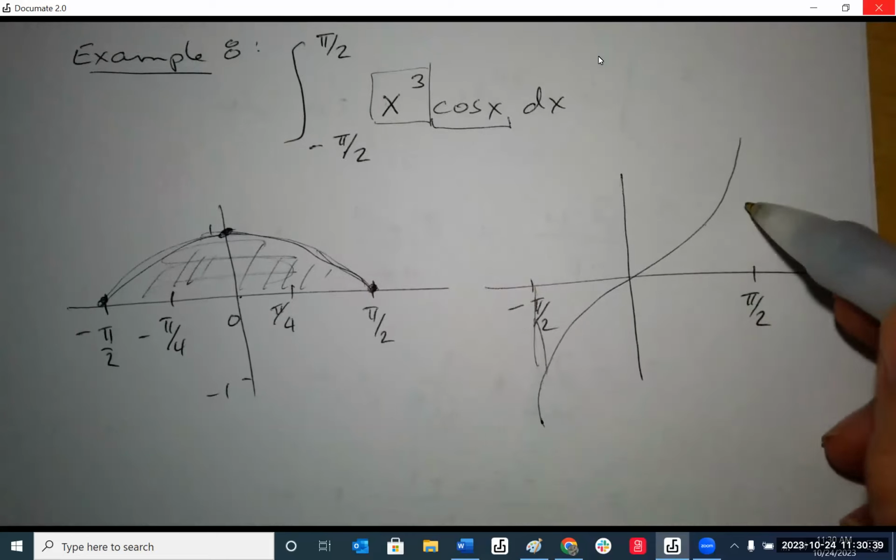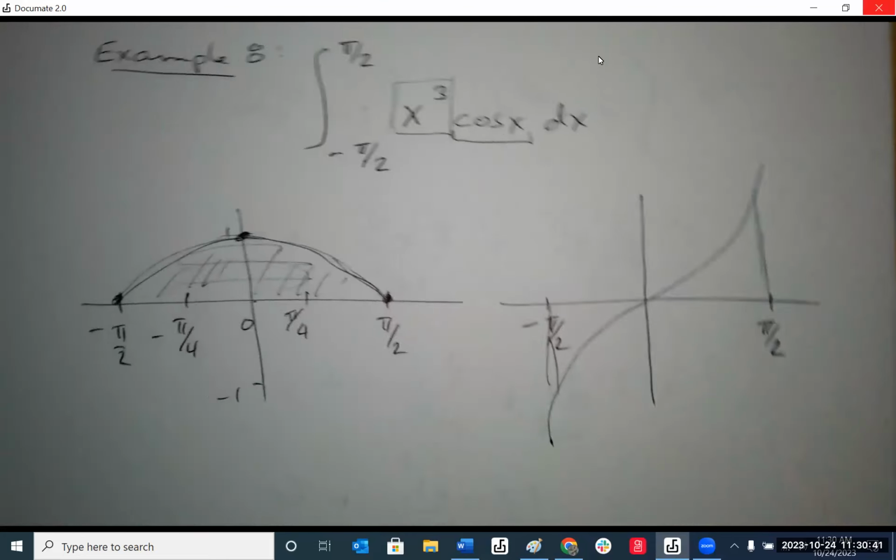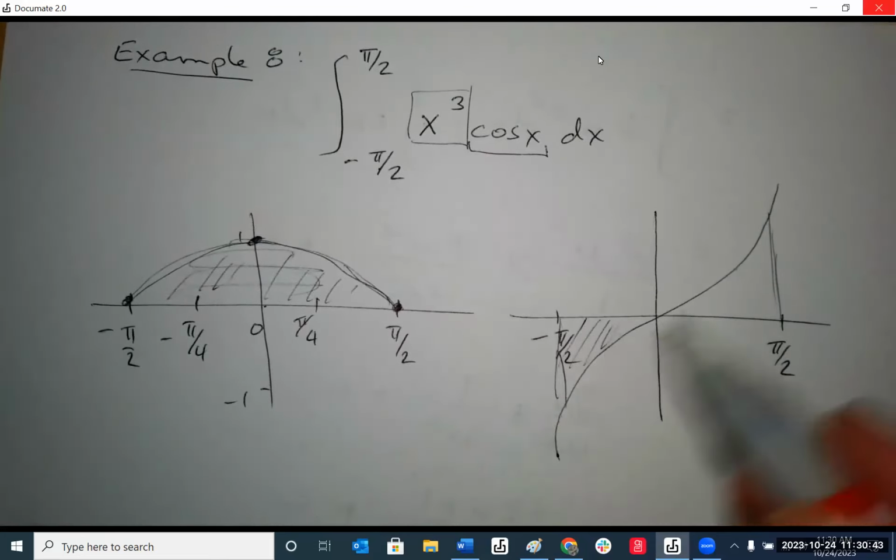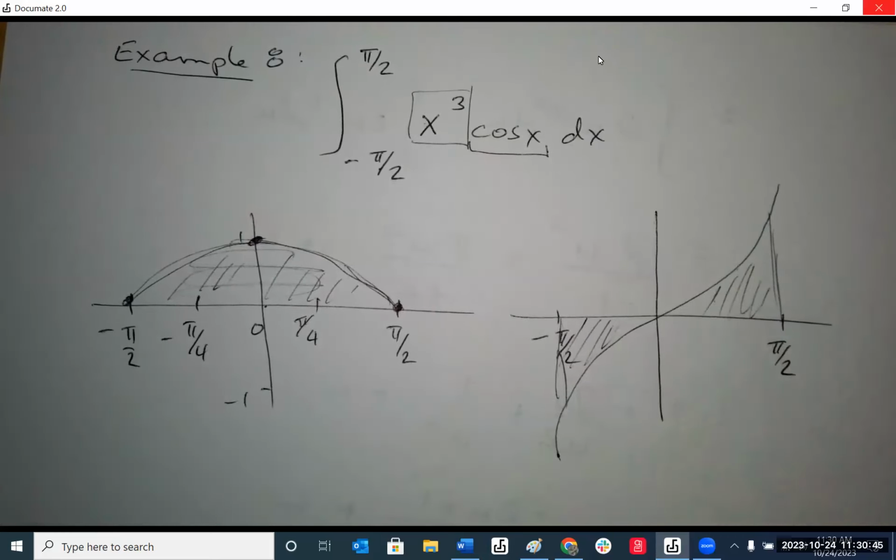Which means that this area here and this area here, if you add them together, what happens? They cancel out.